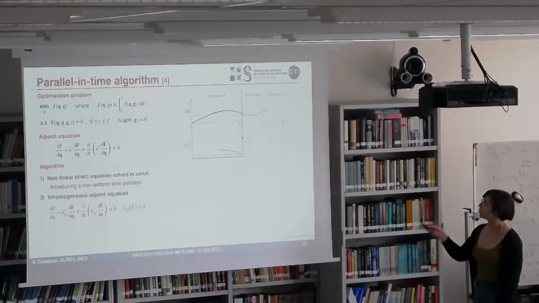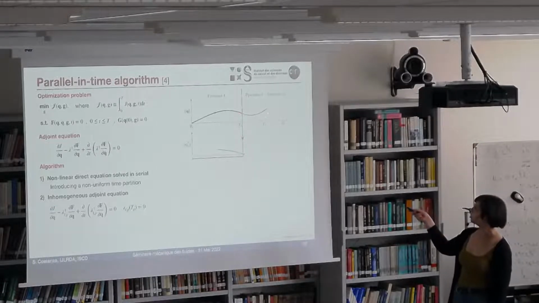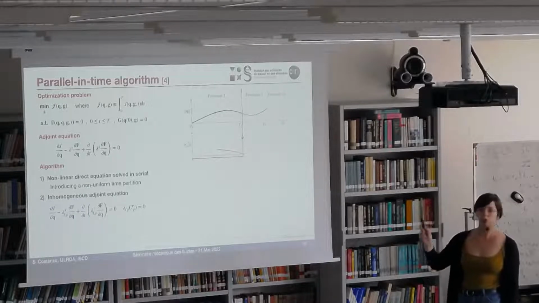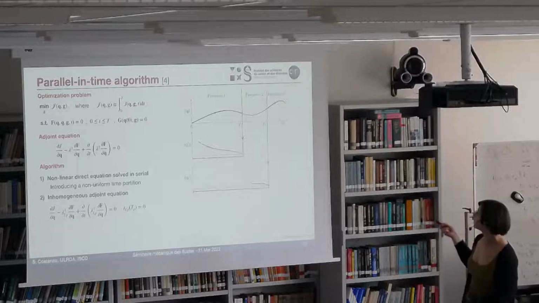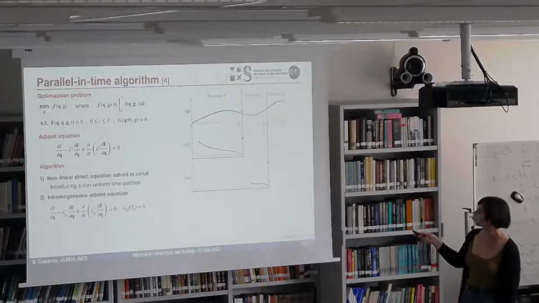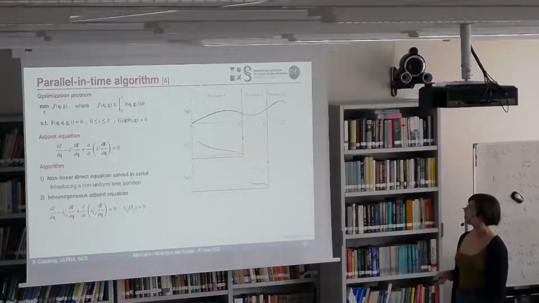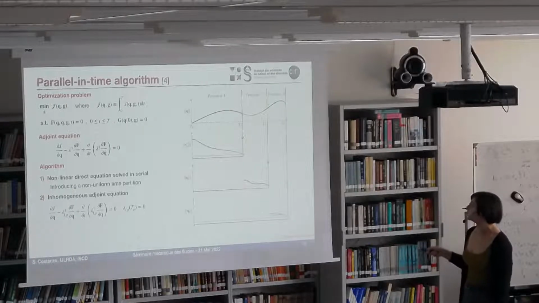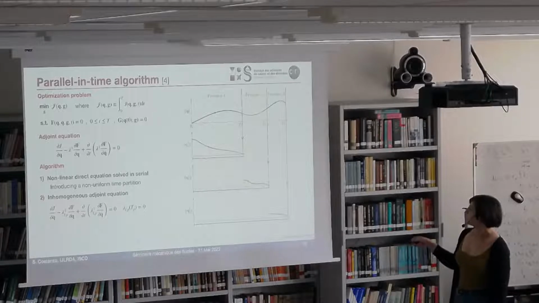So while processor 2 is integrating the direct solution, processor 1 can start integrating the inhomogeneous adjoint solution, and so on. So processor 3 goes with the direct, and the 2 processors keep integrating backwards until the end, in which we have to wait a little bit of time here. Then the 3rd processor finishes integrating the inhomogeneous equation.